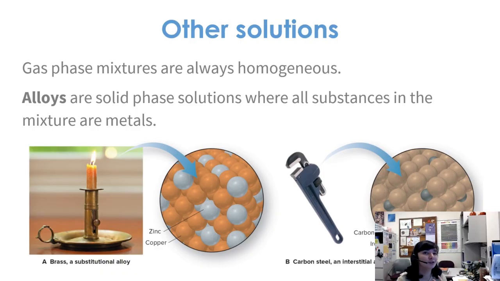It's not a new chemical composition. If you ever heard of the word alloy before, an alloy is just a mixture of metals. Take here, brass is not a distinct chemical. Instead, brass is made up of zinc and copper atoms metallically bonded together, making some kind of solution there.